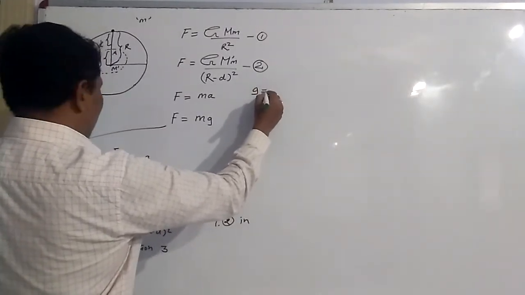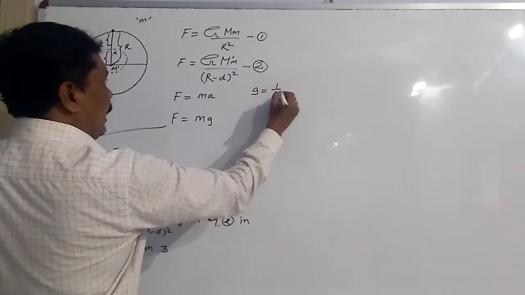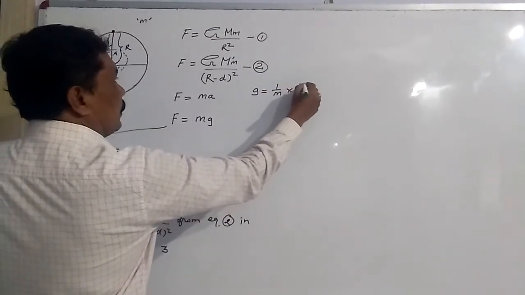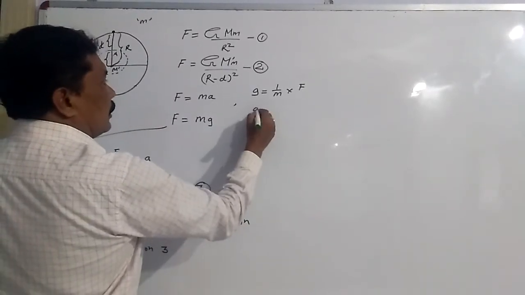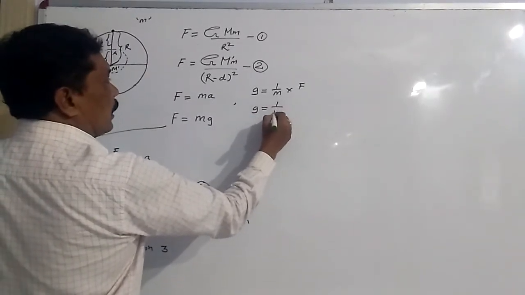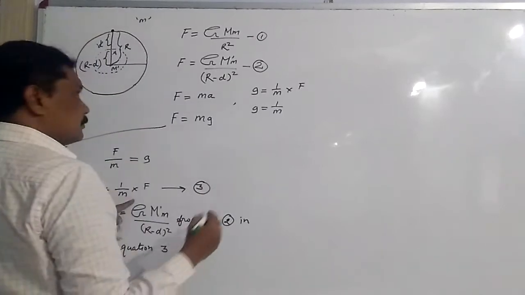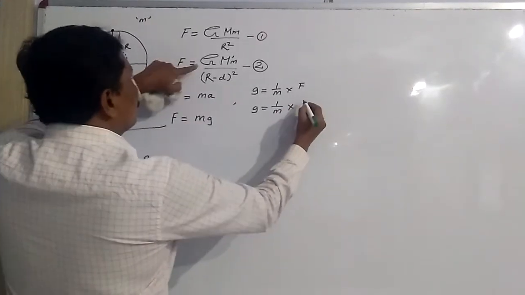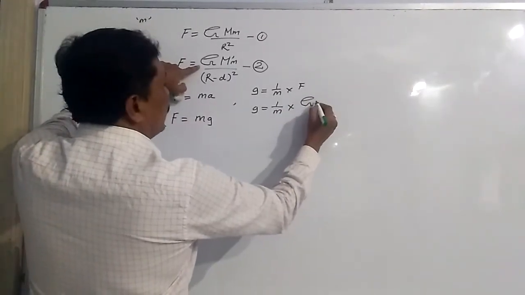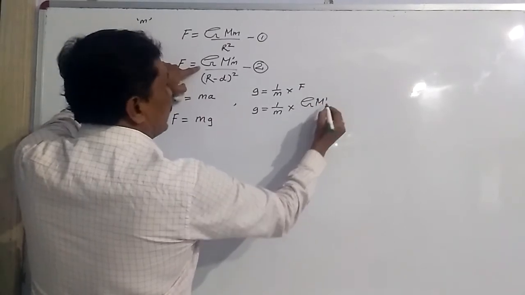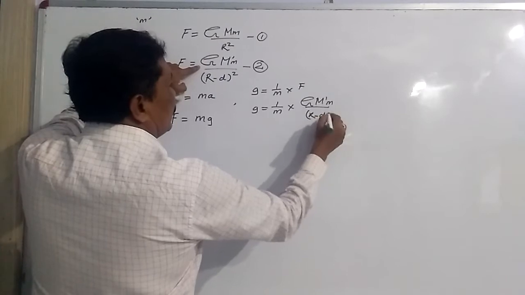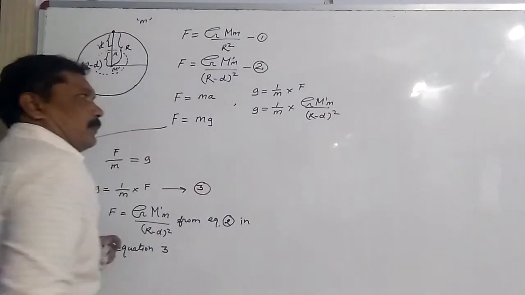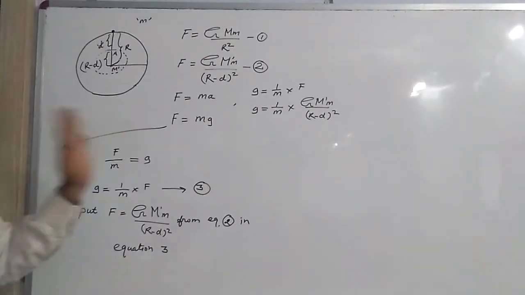F is equal to G M dash m upon R minus D whole square. g is equal to 1 by m into F. g is equal to 1 by m into G M dash m upon R minus D whole square. Now what will happen?